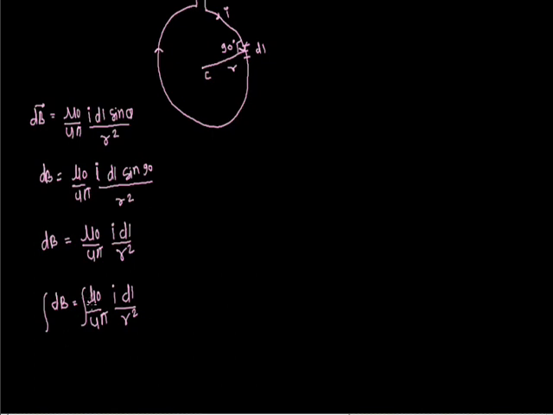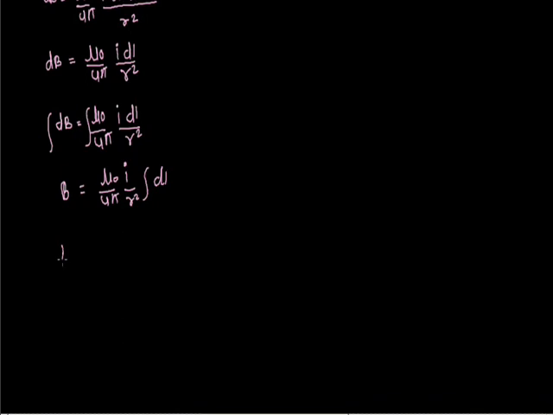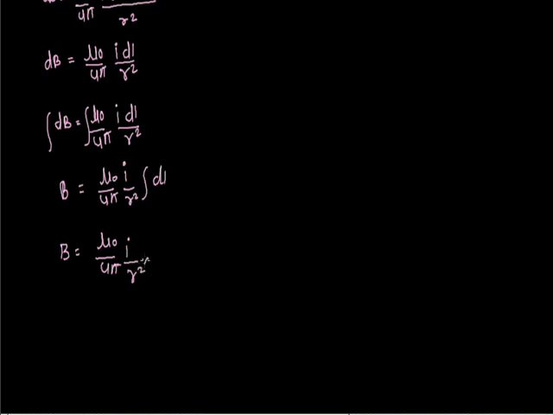Integration of dB is B, which equals the constant values mu naught upon 4 pi, I upon r square, integration of dl. The line integration of the circular coil element is 2 pi r, so we can say B equals mu naught upon 4 pi, I upon r square, into 2 pi r.